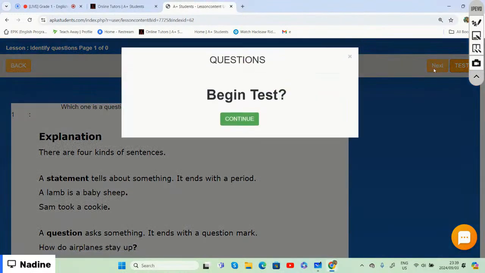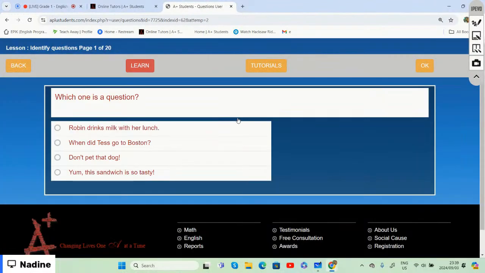So now we're going to our test. And when it comes to a question, right, remember a question asks something and it ends with a question mark. Always ends with a question mark. So now we need to say which one is a question.